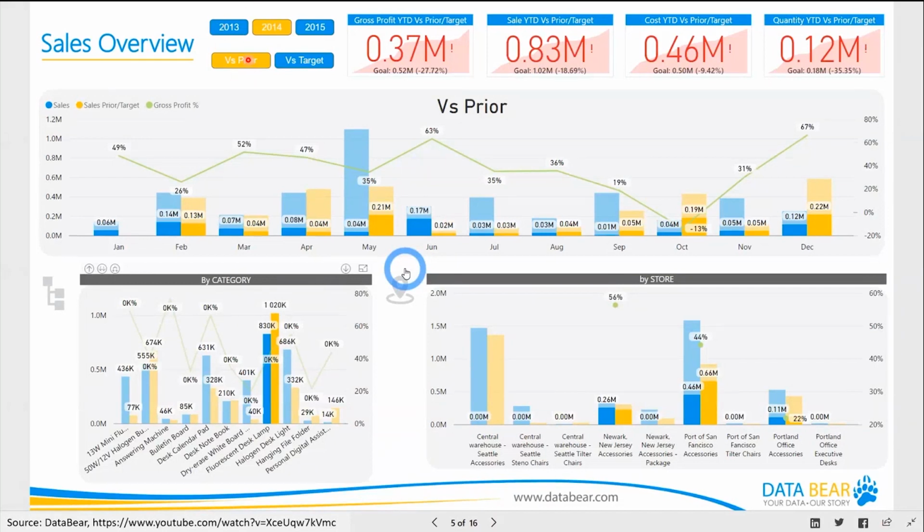So you would have the measure, and compare things versus prior year, or target, or plan, or budget, or something, right? And then you would do it with this side-by-side chart, typically, right?